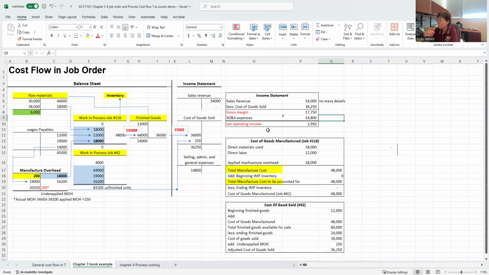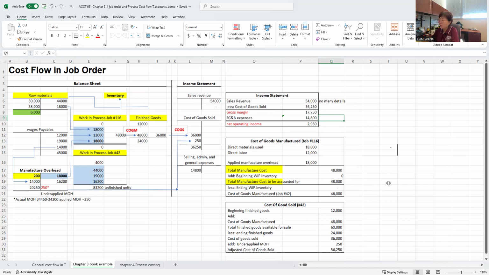But the main one is net operating income. So this is the external side. You can see the external statements, balance sheet and income statement, but these two are only for the internal users.